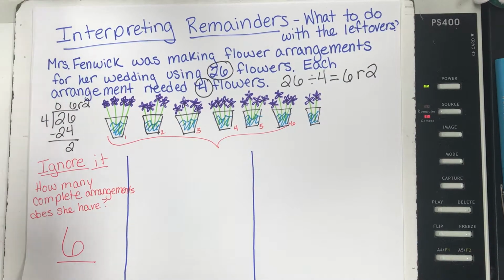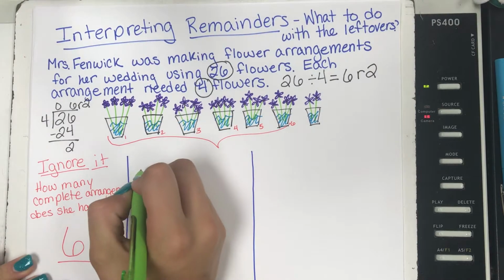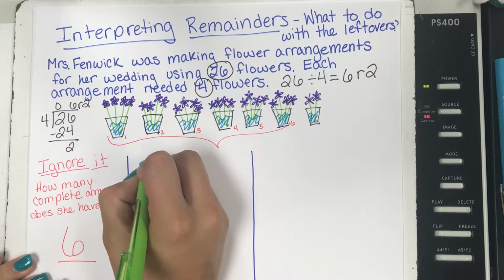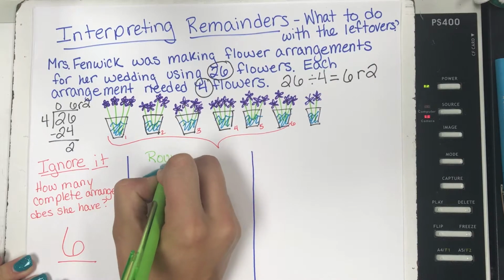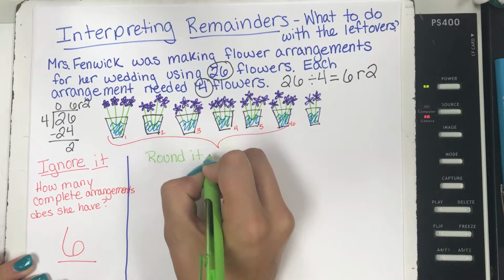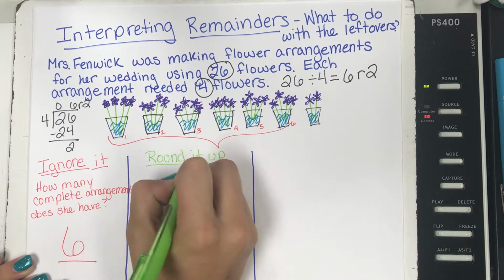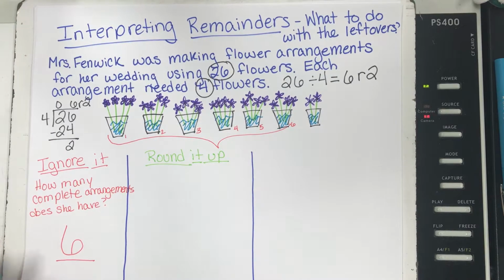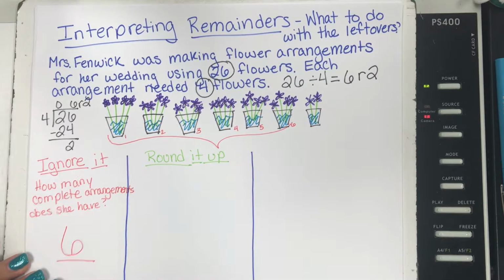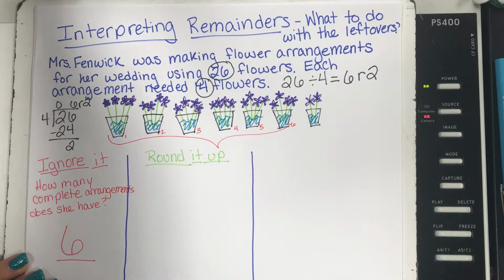The next thing I can do with my remainders is to round it up. Okay. An example question, oh, you can't really see that, can you? Let me get a different color pen.